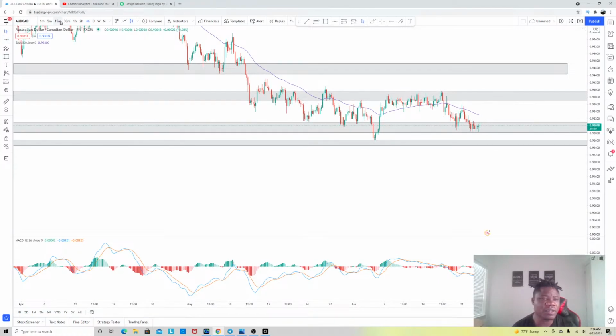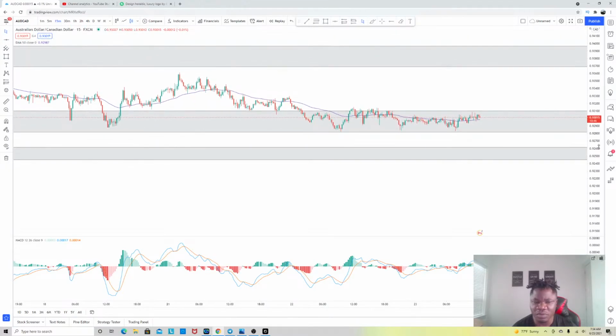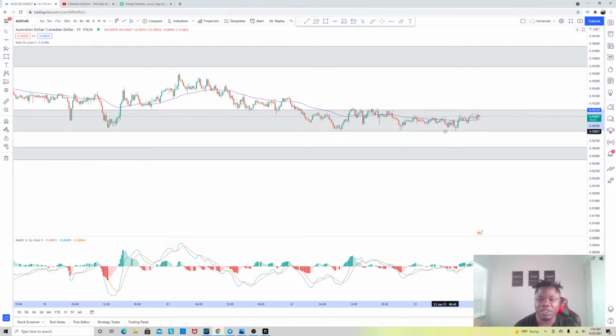And then if we go down to the lower time frame, we're currently on the downtrend, but here on the lower time frame, we can see that price is actually consolidating, meaning if price should break above this 0.93111, then we'll be looking at buys. But if we break below this support, we'll be looking at sells.